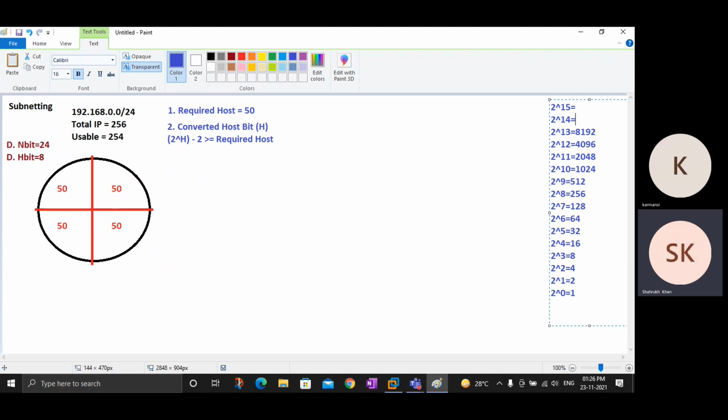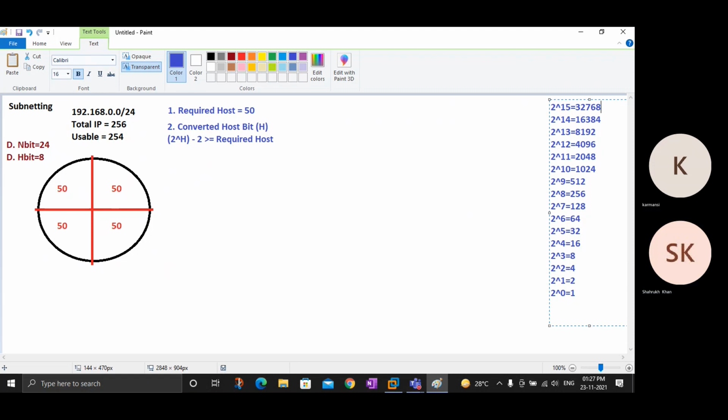Then double 8192. So that will be 16384. The last one would be 32768.